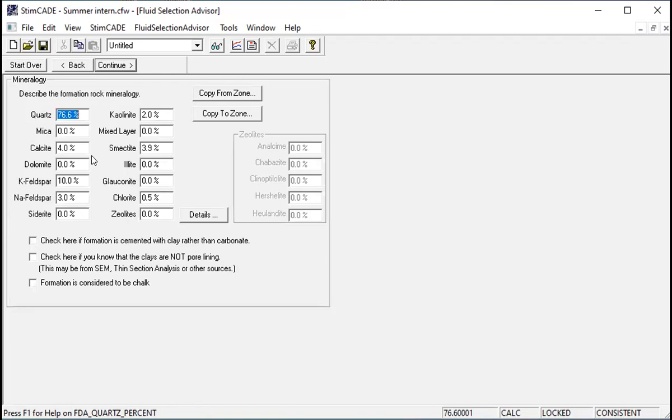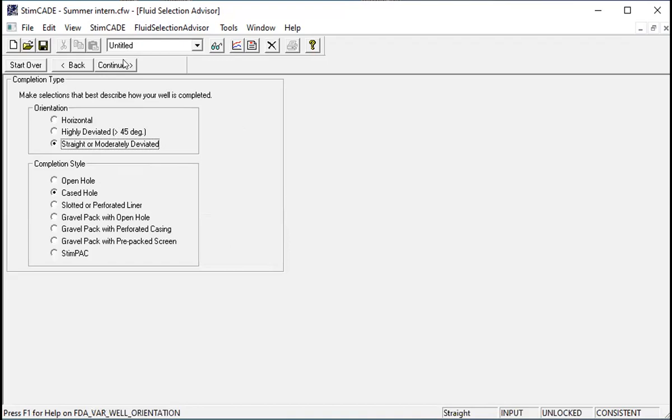Because if the acid goes and dissolves the rock, at the end of the day, we may have a bigger problem that we have to solve. So the mineralogy also will go a long way to determine what type of acid we are going to use. So this is our mineralogy that we have already seen.